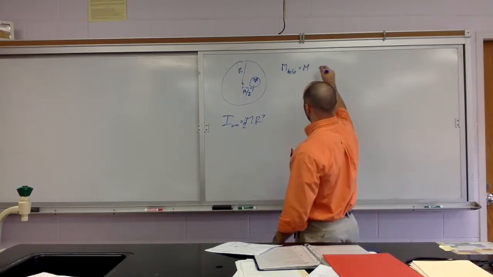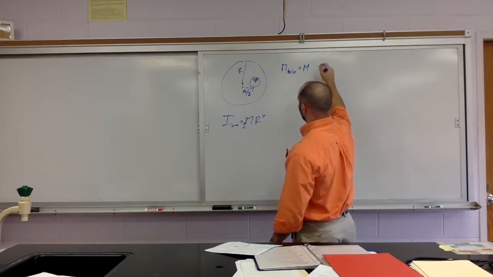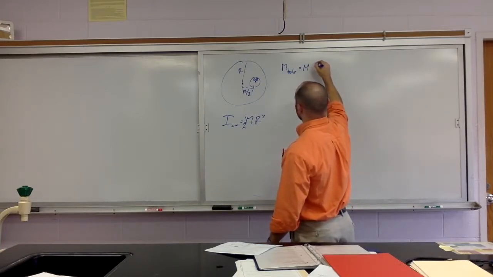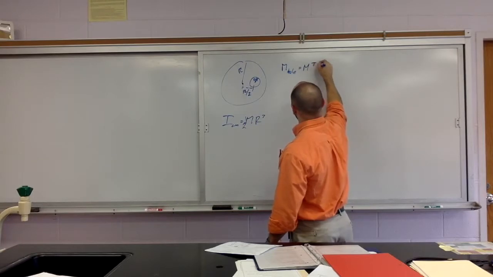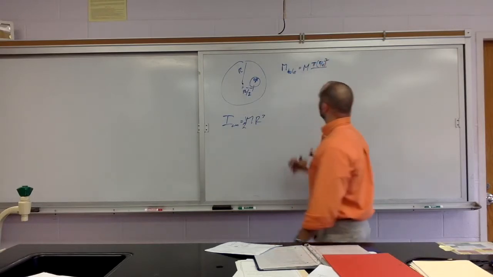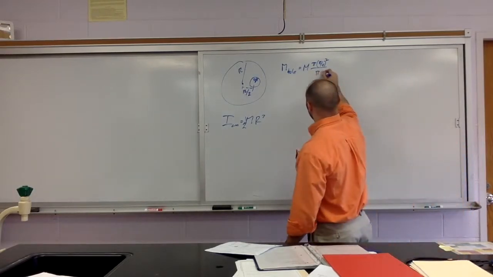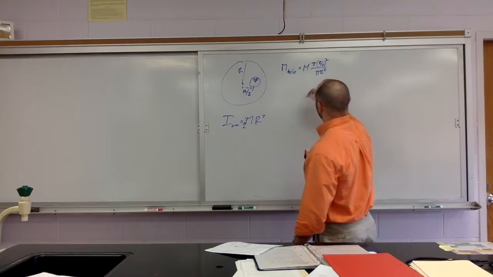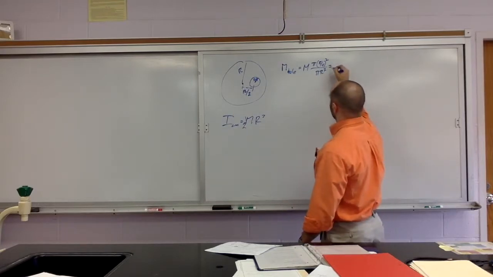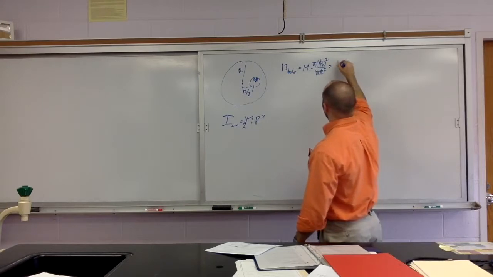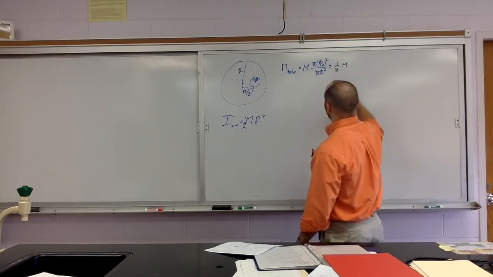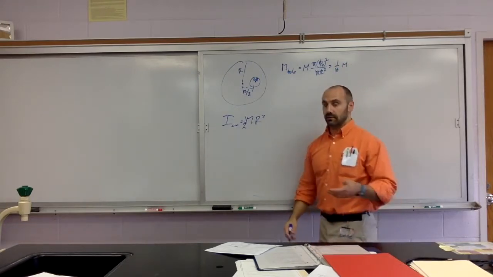The mass of the hole over the mass of the whole is pi r over 4 squared over pi r squared. And so the r's cancel out, the pi's cancel out, and I get 1/16 of the total mass. So that's the mass of the hole.